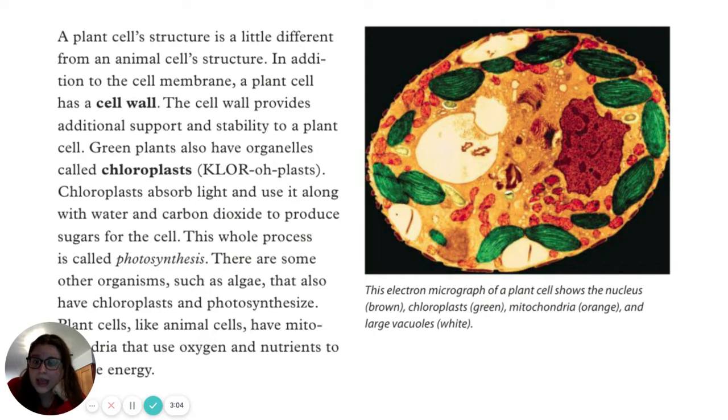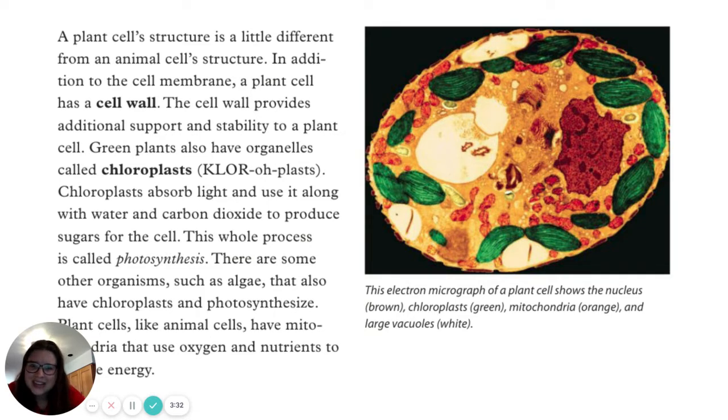Chloroplasts absorb light and use it along with water and carbon dioxide to produce sugars for the cell. This whole process is called photosynthesis. There are some other organisms, such as algae, that also have chloroplasts and photosynthesize.